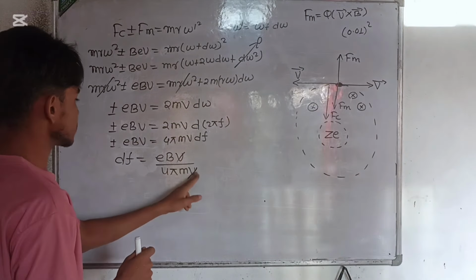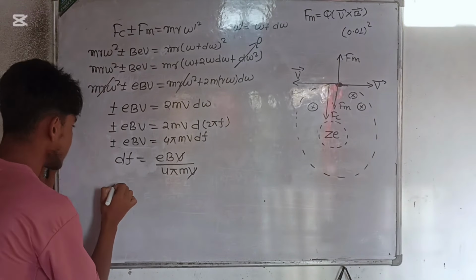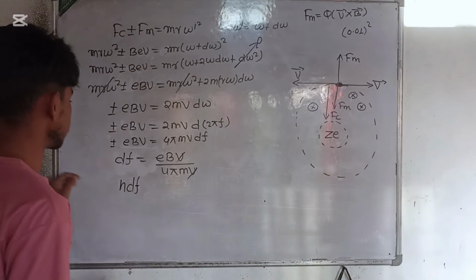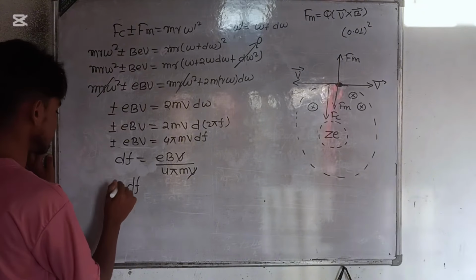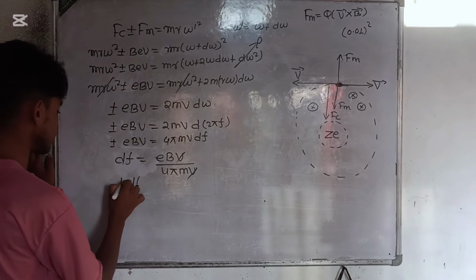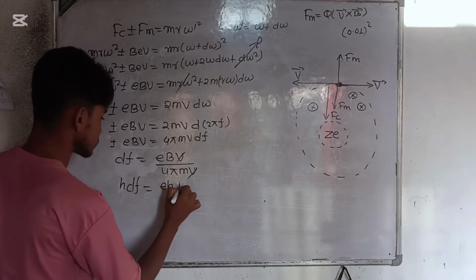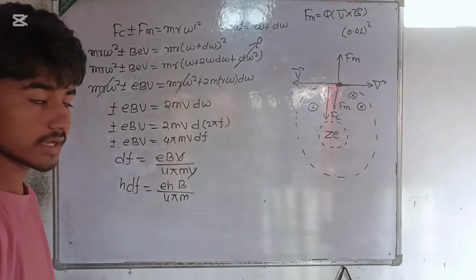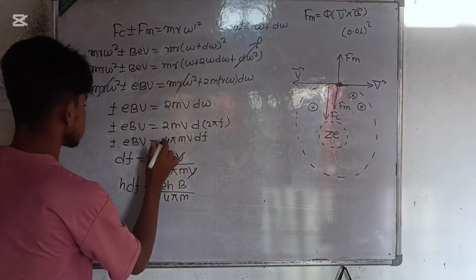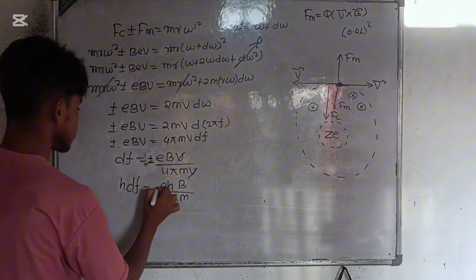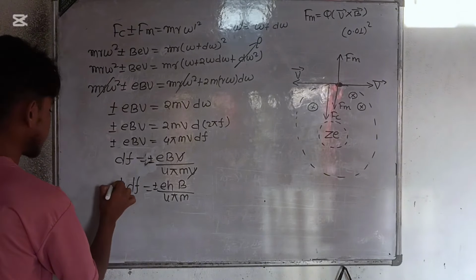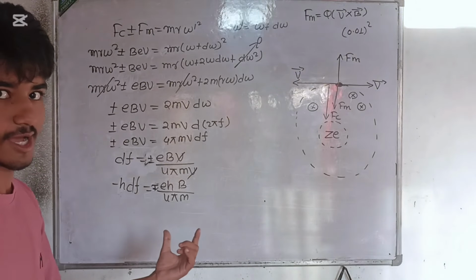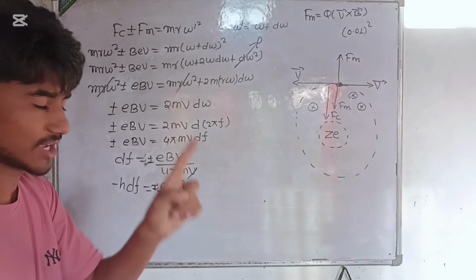So the linear velocity of particle will cancel out each other, and I am assuming the total shift in energy, this will be the shift in energy, and I am multiplying both sides by h, eb upon 4 pi m, right? And here is plus minus. So I am using a negative sign here, and this plus minus will, I guess, change to minus plus. I am not doing vectors, I know.